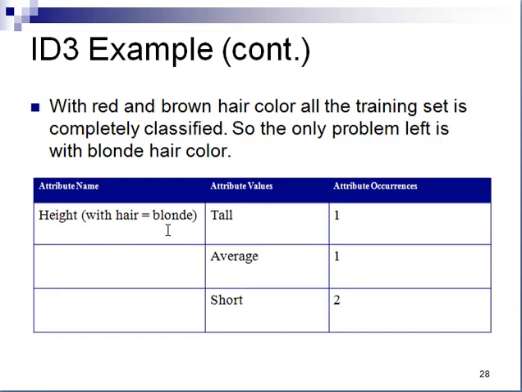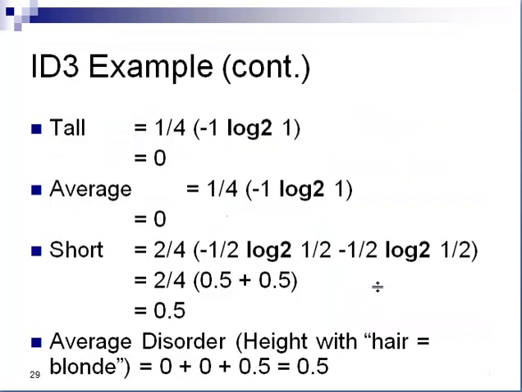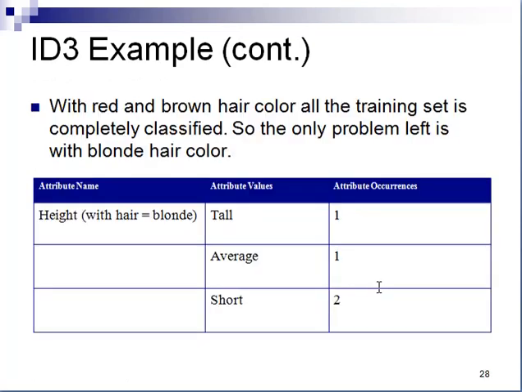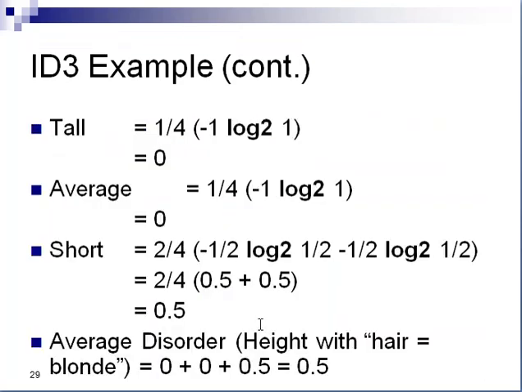We will see that the people who are tall and have blonde hair are 1, for average it is also 1, and for short we have 2 possible occurrences, right? So now we need to calculate the average disorder for all these attribute values, and the procedure for calculating the average disorder is the same.